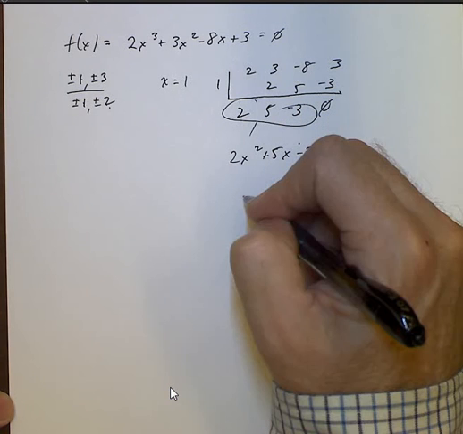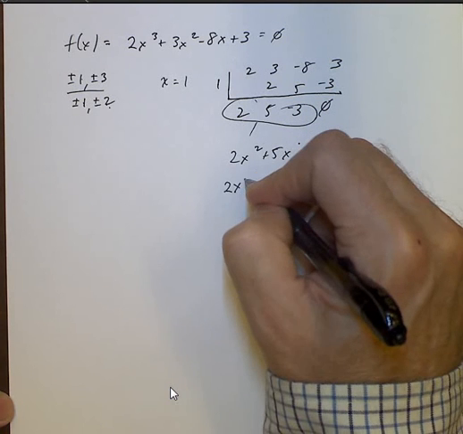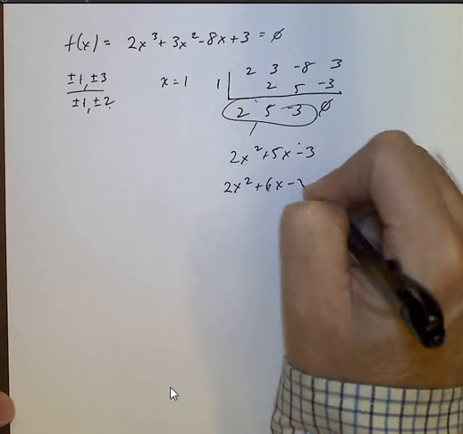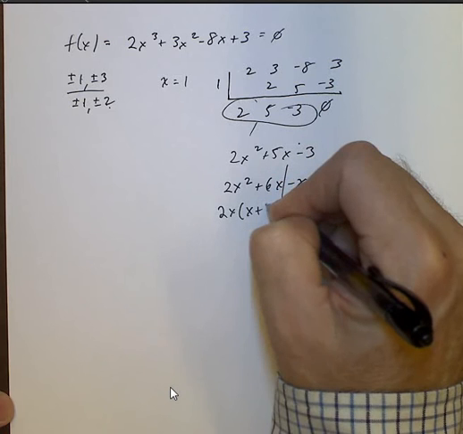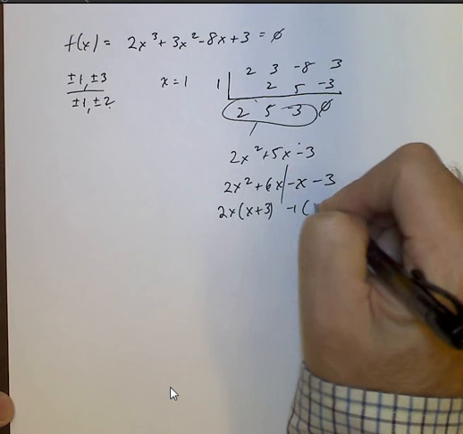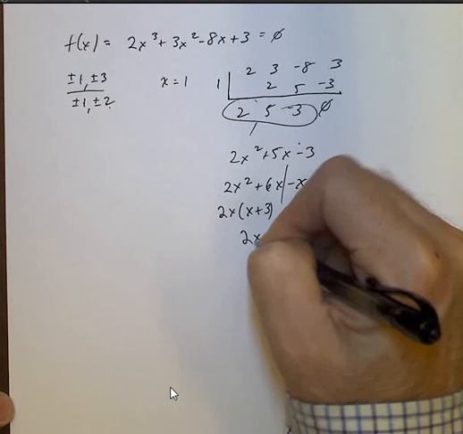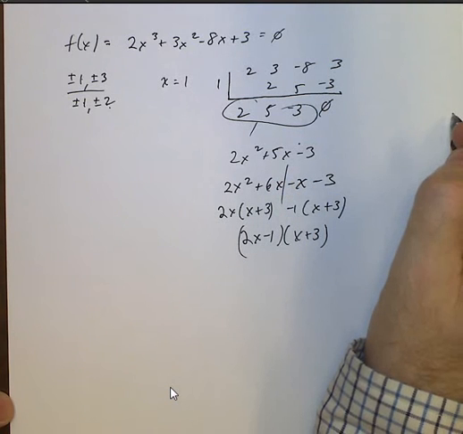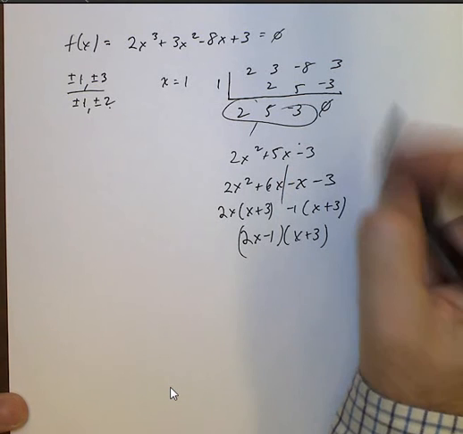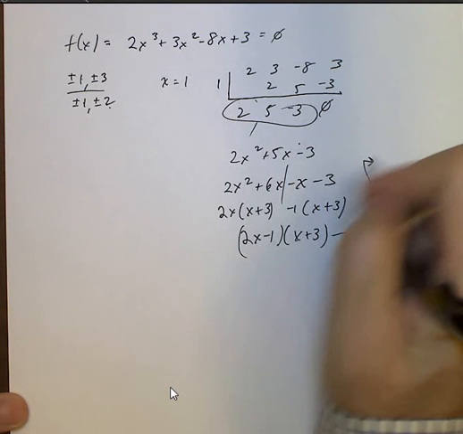Okay, so we go ahead and factor, which everybody knows how to do. And we get 2x minus 1 and x plus 3. So your other 2 zeros are a half and negative 3.